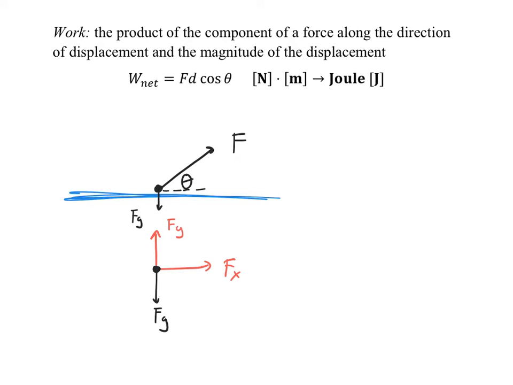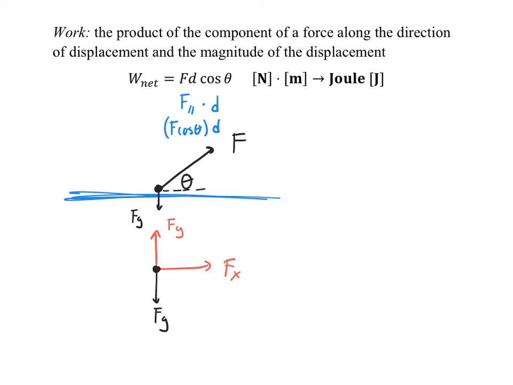F d cosine theta. Another way to write this formula, and your book writes it this way, is F parallel times d. F parallel means the force parallel to motion, which is F cosine theta. So we could write this as F cosine theta times d. I write it as F d cosine theta, and you're going to see it that way on your formula sheet and in the textbook.